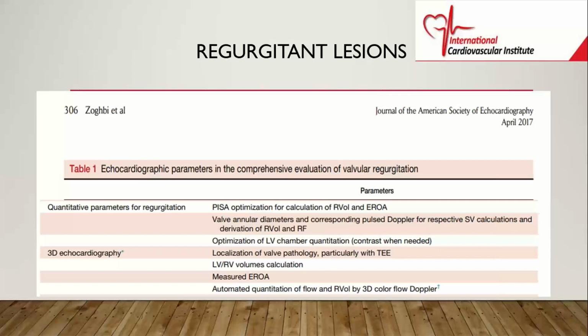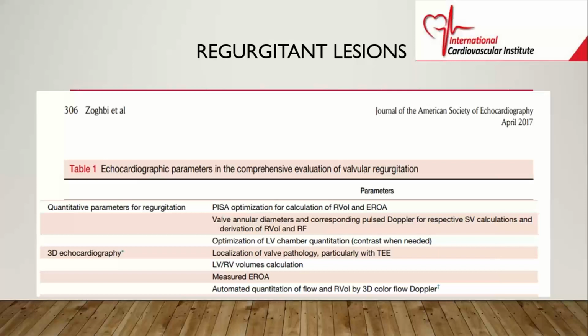So if you can calculate the flow across the mitral valve, and if you don't have significant, say, aortic insufficiency, you calculate the flow across the LVOT, left ventricular outflow tract, and you subtract that from the mitral flow, you'll get the regurgitant volume, and then you can work out the regurgitant fraction from that. So you can use just strictly Doppler to do it, or you can do it using the PISA method.